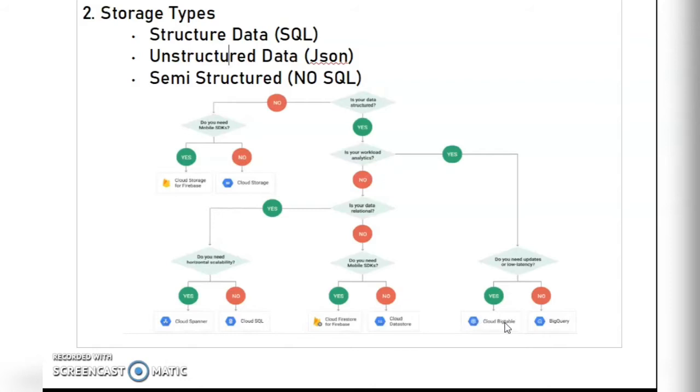Similarly to AWS, Google also offers you storage for images and files, called Cloud Storage, which is similar to AWS S3, which is nothing but a simple storage service.